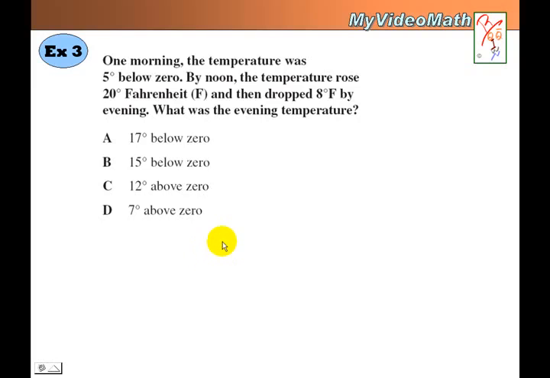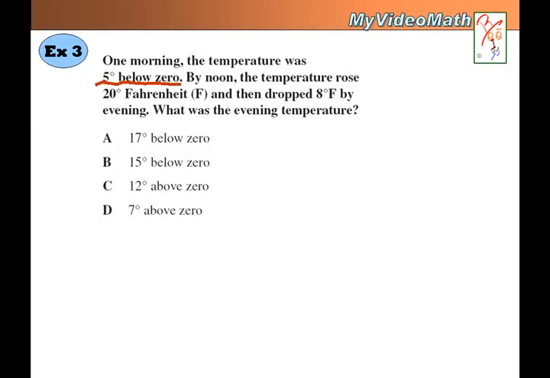This example. One morning the temperature was 5 degrees below zero. By noon the temperature rose 20 degrees Fahrenheit and then dropped 8 degrees Fahrenheit by evening. What was the evening temperature? What do we know? The temperature in the morning was 5 degrees below zero.